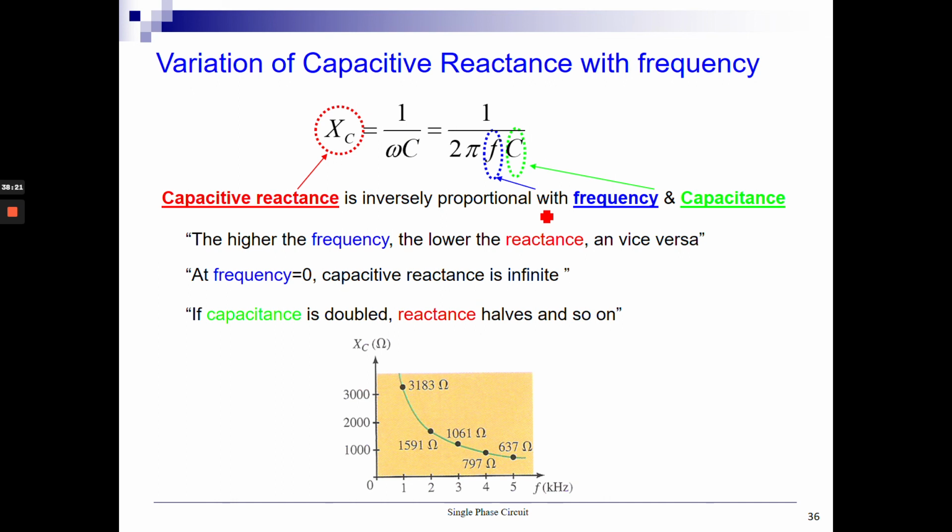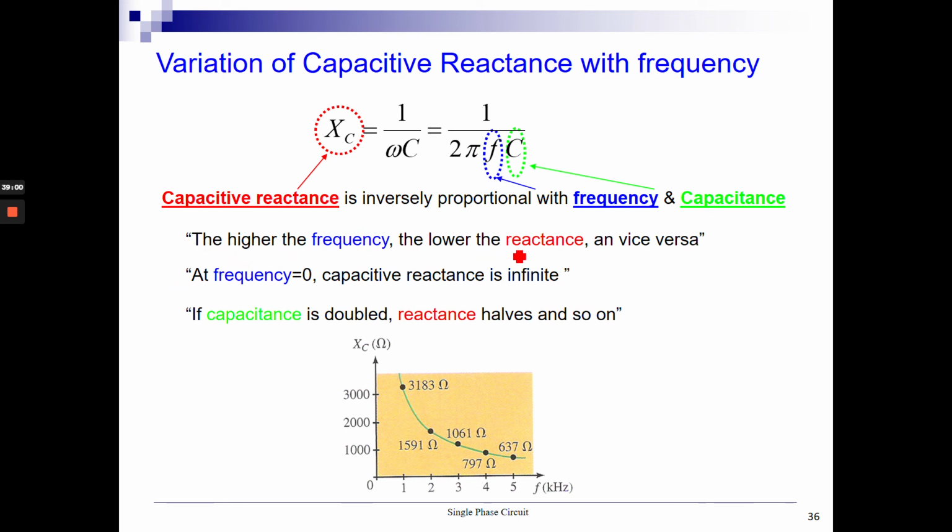So okay, now we look into variation of capacitive reactance with frequency. Before this, variation of inductive reactance. Now capacitive reactance. From this formula, XC is equal to 1 over omega C, or 1 over 2 pi fC. So we can say that capacitive reactance is inversely proportional to frequency.